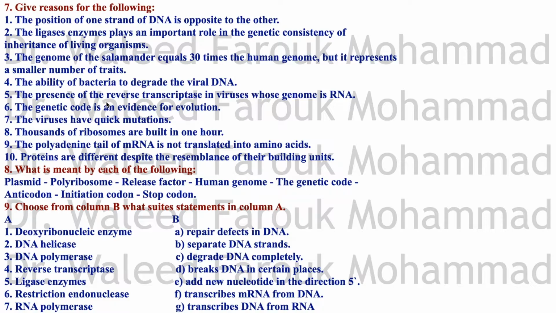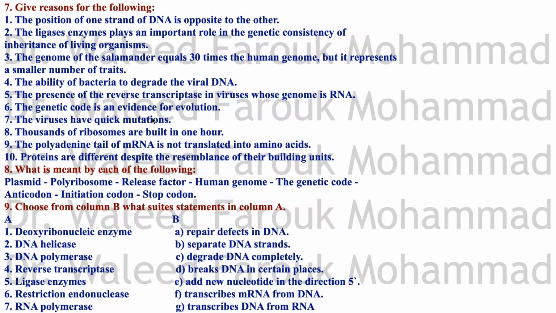The presence of the reverse transcriptase in viruses whose genome is RNA, to convert their own RNA genome into DNA that can be joined to the DNA genome of the host cells.